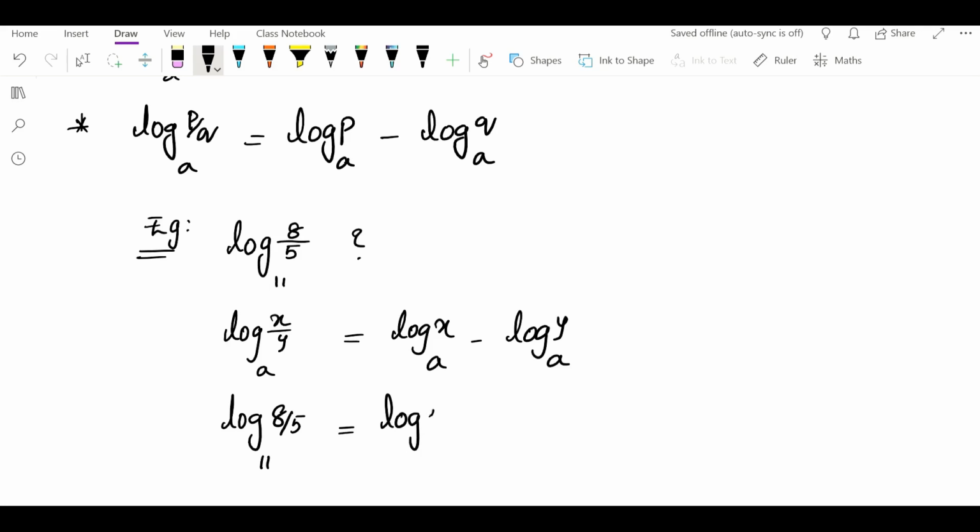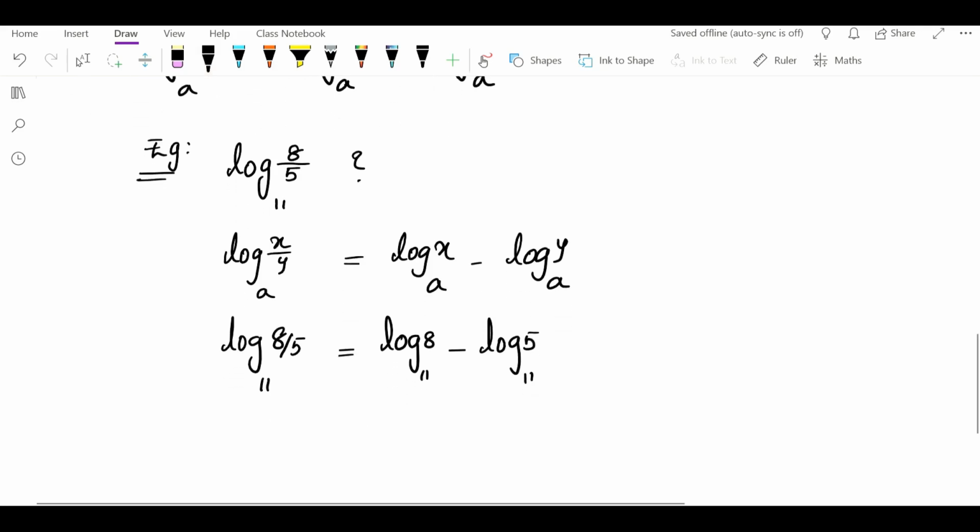Log x base a means log 8 base 11, minus log y base a, where y means 5 and a means 11. That is log 5 base 11.